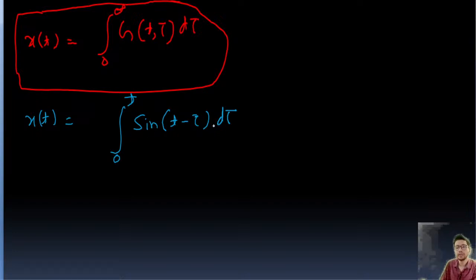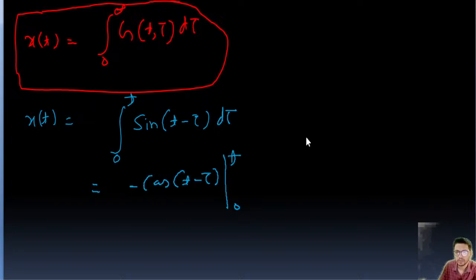Here we are integrating with respect to tau, not t, guys. This you need to understand. So now we'll just integrate it. Very simple. The integration of sin(t minus tau) is cos(t minus tau), and then the limit 0 to t.